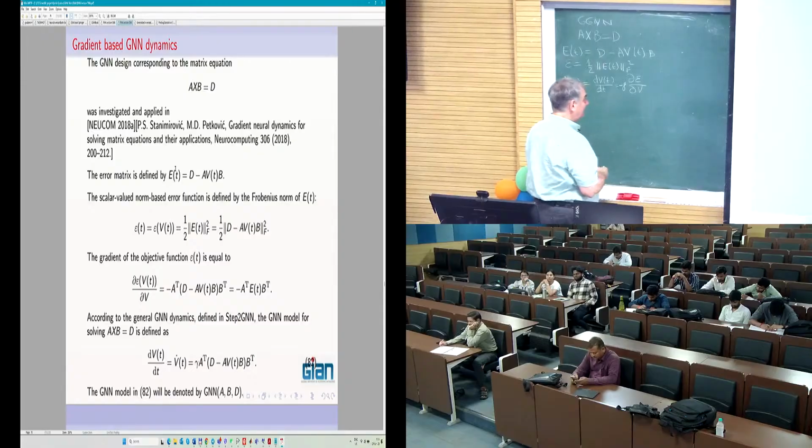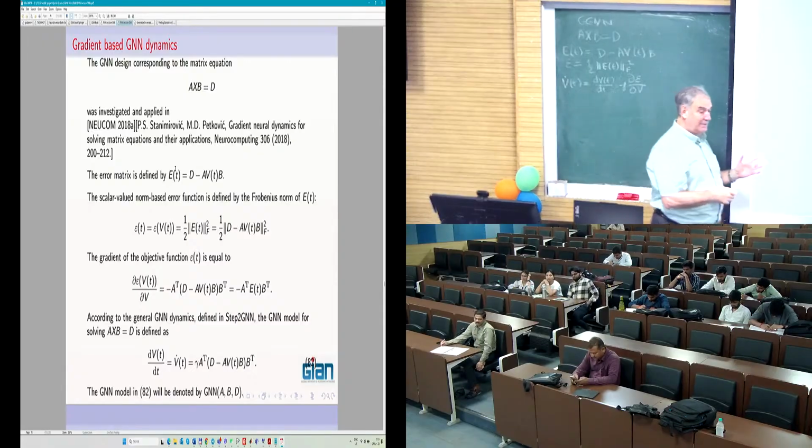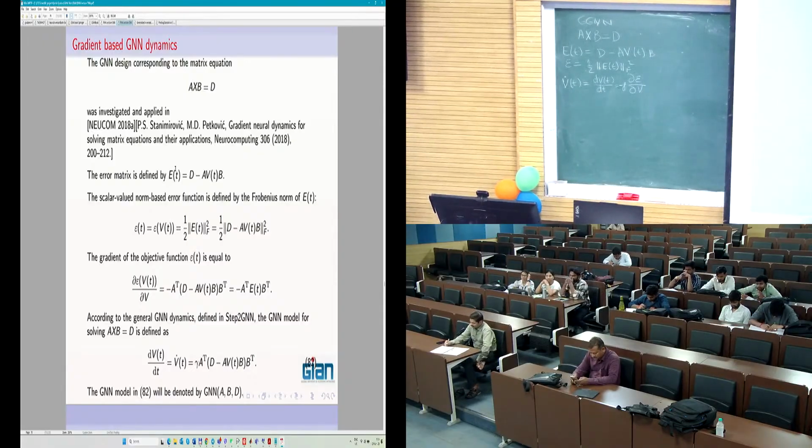In this way we essentially applied the gradient descent method, the negative gradient.